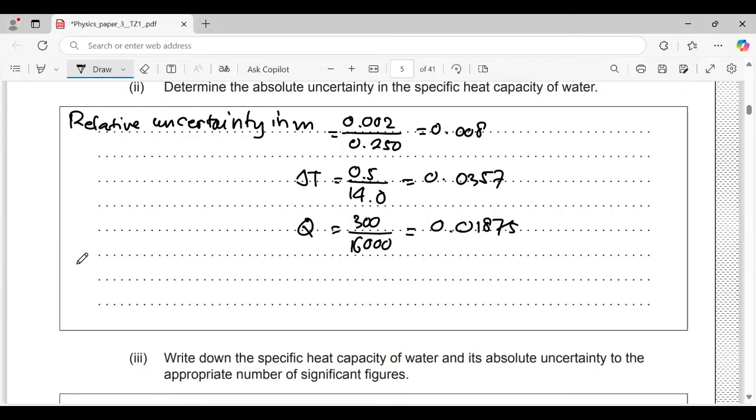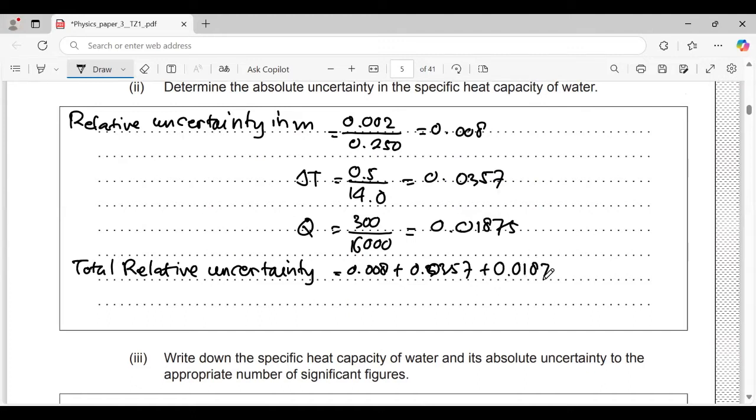So the total relative uncertainty in C equals the accumulation of these results: 0.008 plus 0.0357 plus 0.01875 equals 0.06245, with unit joule over kg Kelvin.